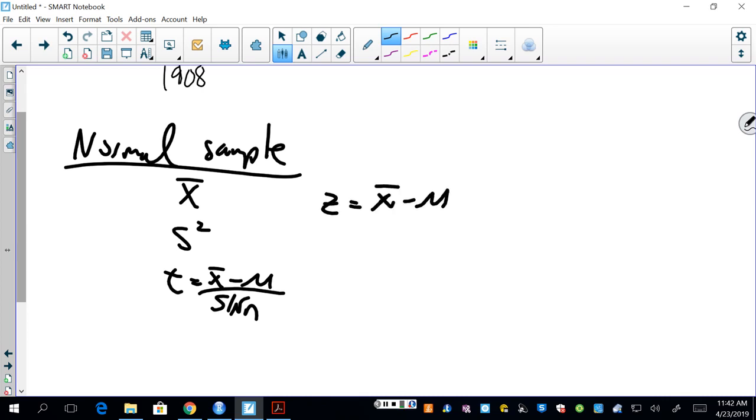If you knew sigma and could divide by the actual standard deviation of x bar, that would be a standard normal. But otherwise, there's this t that adjusts for that and gets used in confidence intervals. So any scientific article you look at that says it's doing a confidence interval for a mean is doing that t procedure.